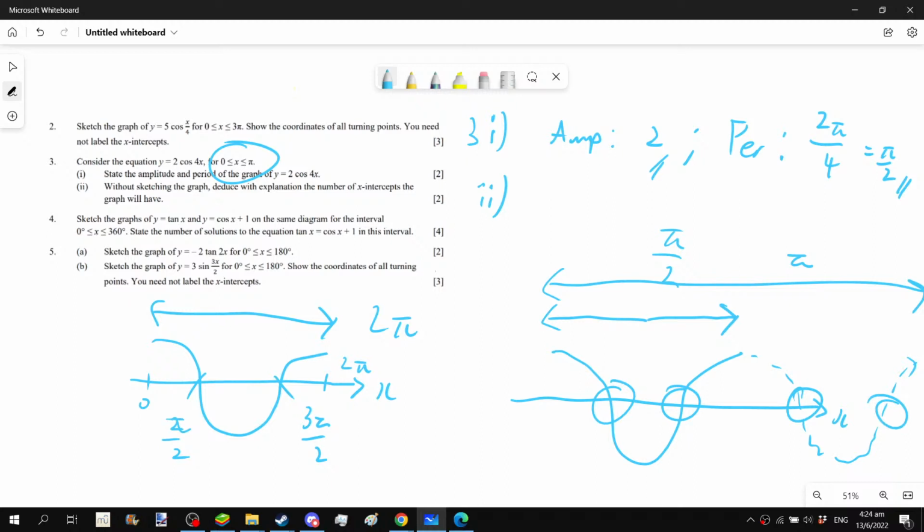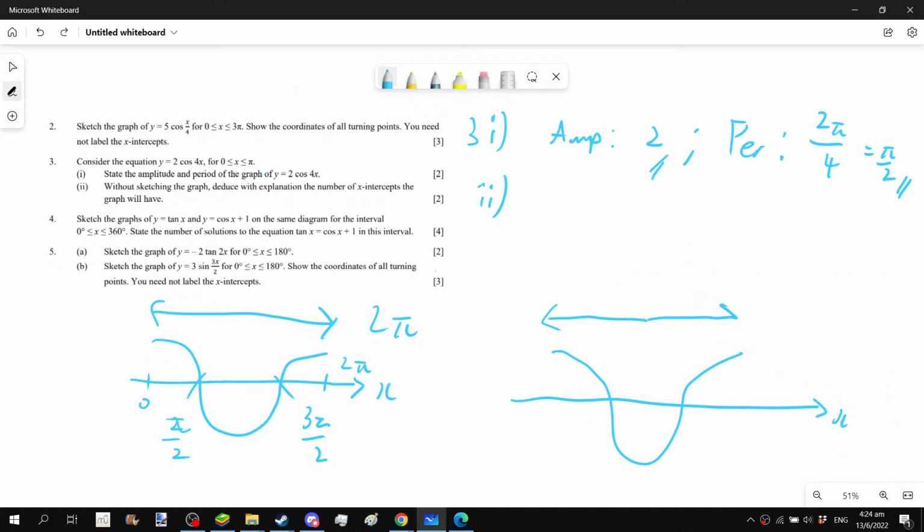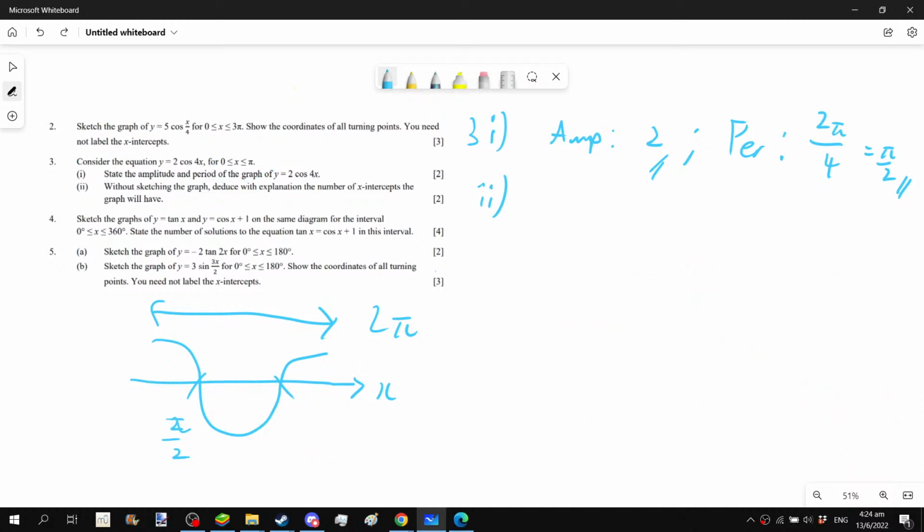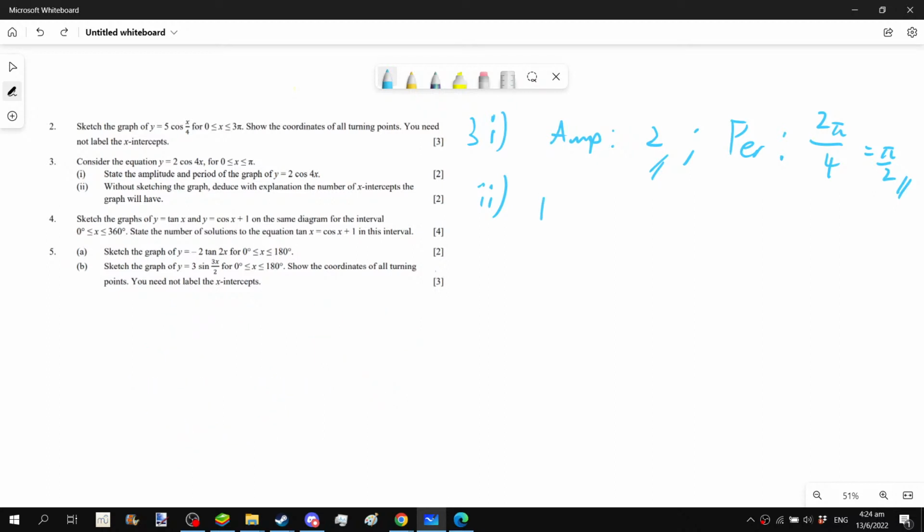And as for how to explain this without drawing the graph, we will simply point out to the teacher that each complete cycle gives 2 x-intercepts.